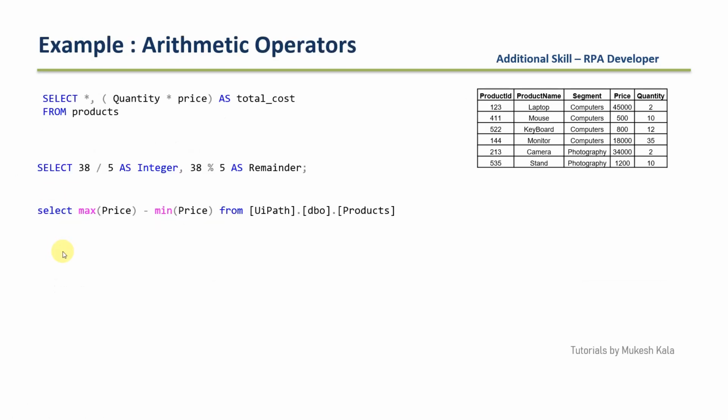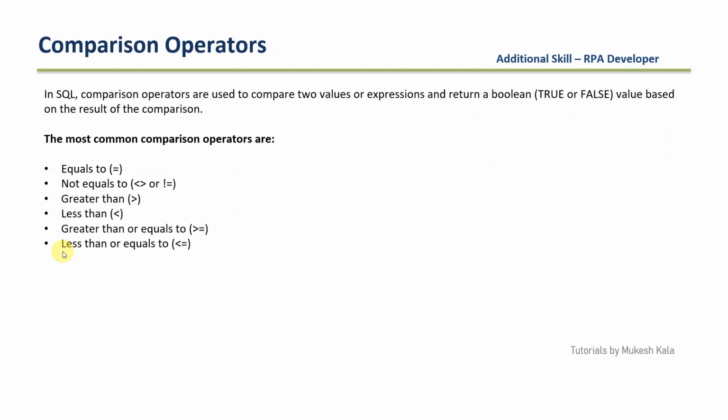Okay, moving forward to the next operator in SQL Server, it is called the comparison operator. Comparison operators are used to compare two values or expressions, and the output of the comparison operator is a boolean.